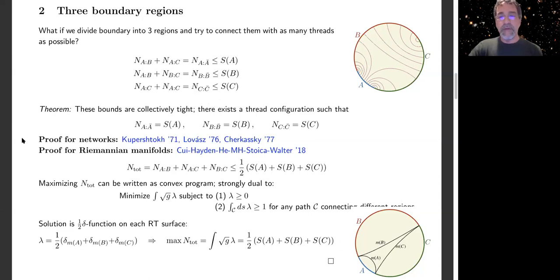So that's an interesting fact about threads, that you can calculate the entropies of any 3 regions with a single thread configuration. Of course, again, let me emphasize, if I made a different choice of 3 regions, it would be a different thread configuration. That's always true with threads.